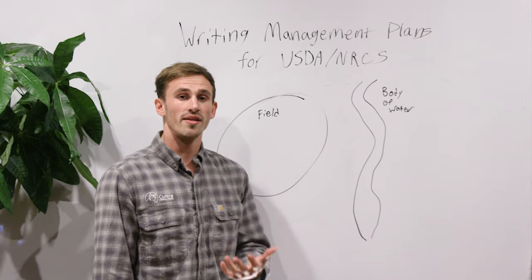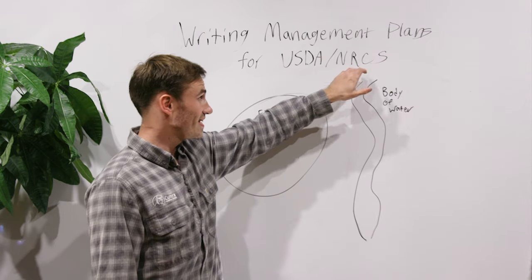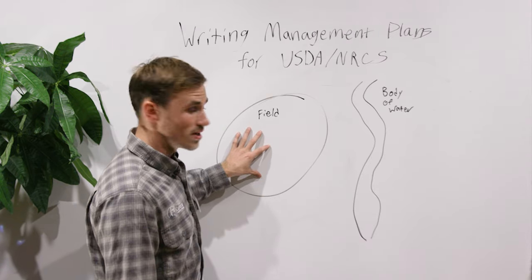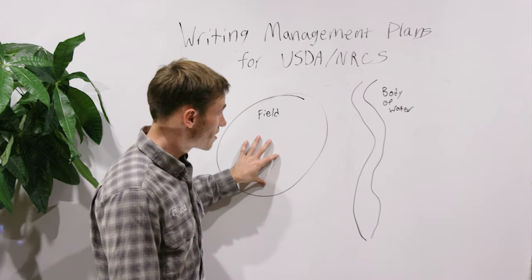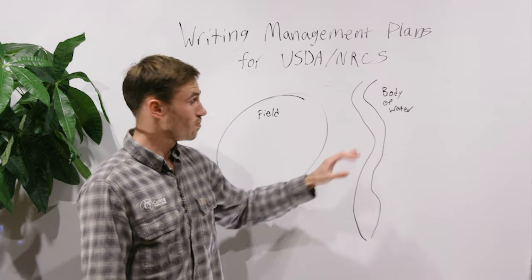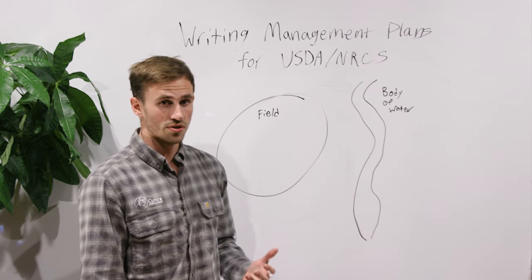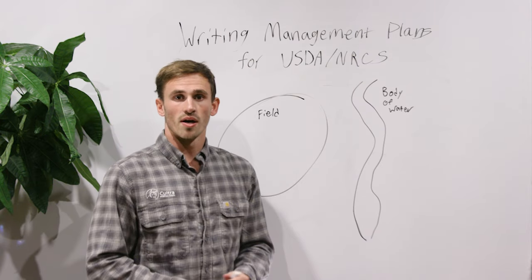And the goal when running these plans for the NRCS is to show how we're doing our best to prevent any of those inputs from leaving the area where we want them into an area where we don't want them, which is generally going to be local bodies of water and other natural resources around the land that we're farming on.